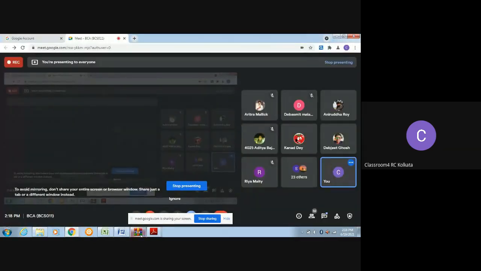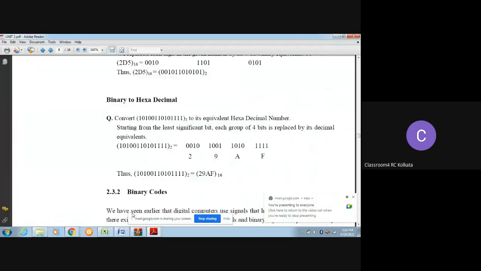What is 2 into 8 to the power of 1? 16. Plus 8 to the power of 0 means 1, so 3. 16 plus 3. And 4 into 8 to the power of minus 1 means 4 divided by 8, that means half, 0.5. So the total is 19.5.